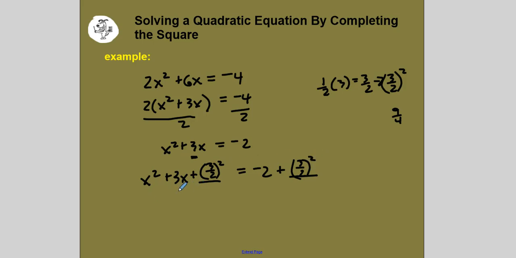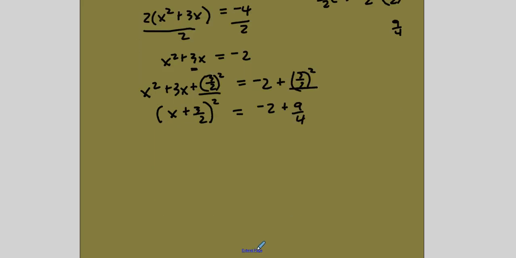But this then factors as a binomial squared. This is going to be x plus 3 halves quantity squared. And now I have negative 2 plus 9/4 on the right side. So now we're going to work on the right side a little bit. I'm going to put this negative 2 over 1.